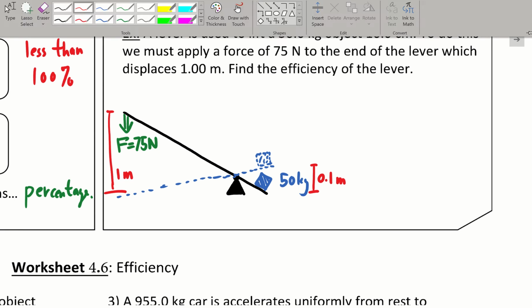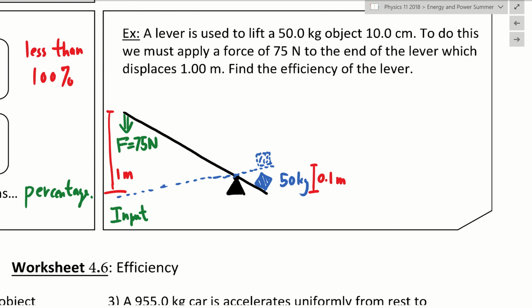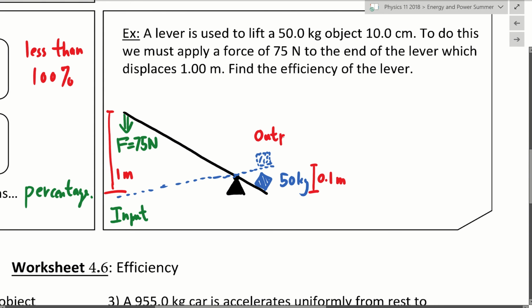Now, on the left-hand side, you have the energy input, because that's the force that you apply to push it down, right? On the other side of that machine is the object going up. That's the output. Okay, now let's calculate the change in energy on both sides.